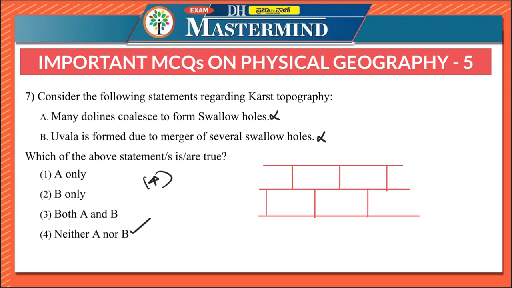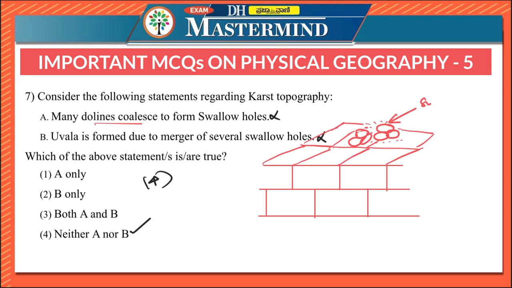The correct explanation is that a number of swallow holes coalesce to form a larger hollow, and that is called a doline. If you consider this as one swallow hole, please remember, a swallow hole is formed when water seeps underground, forming a depression.